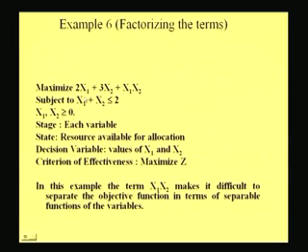Let us continue our discussion with one more example, which is shown here. The problem is to maximize 2x1 plus 3x2 plus x1 x2. What is different in this objective function compared to the previous objective functions in the last two examples is that we have a product form x1 x2 appearing in the objective function here.